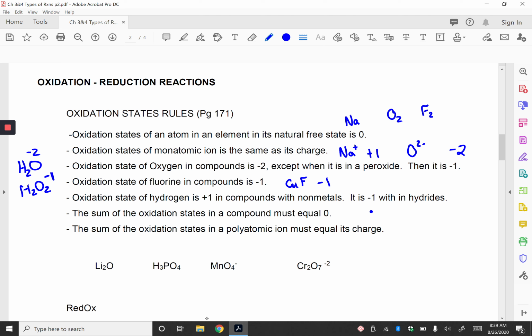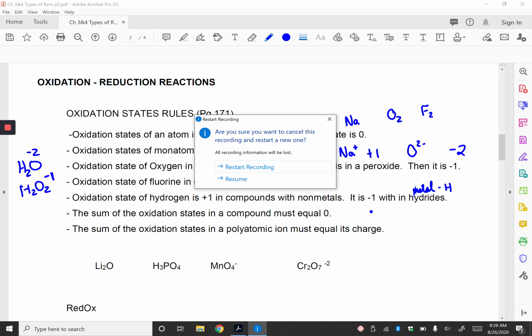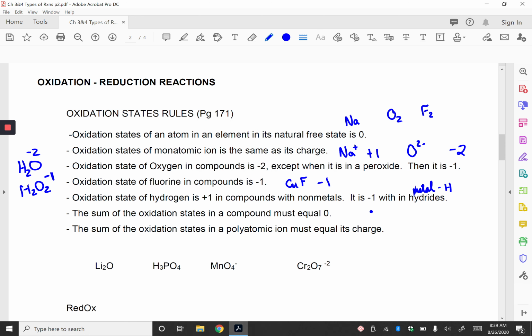Next it says the oxidation state of hydrogen is +1 in compounds with nonmetals, and it is -1 in hydrides. Hydride means you have a metal bonded to hydrogen. So for example, back in the water example, hydrogen here is in a compound, and so it would be +1.